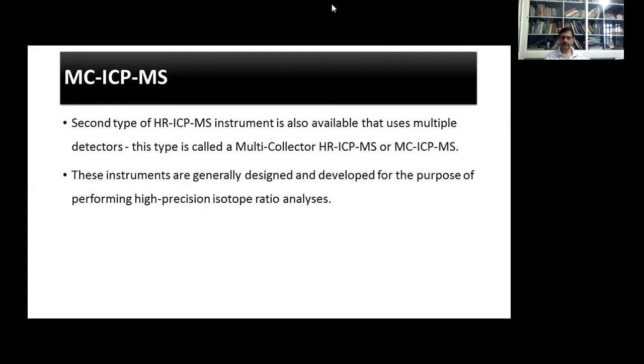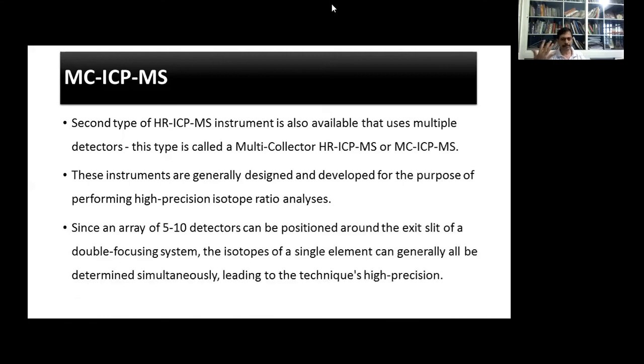These instruments are generally designed and developed for performing high precision isotope ratio analysis. This is also a specialized application only. For example, you have Gandhaka, which is in the form of isotopes. We have Parada, mercury, which also shows multiple isotopes. If you want to work on an advanced study of different isotopic information of these elements, then you can use this multi-collector type of ICP-MS.